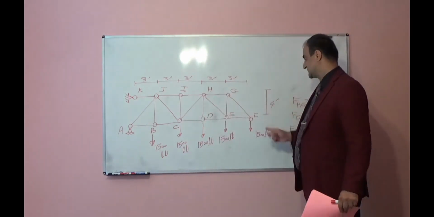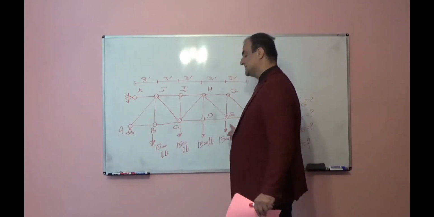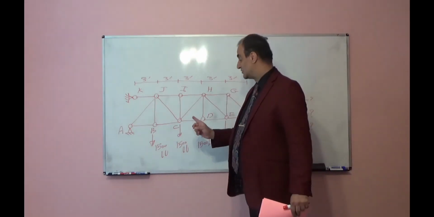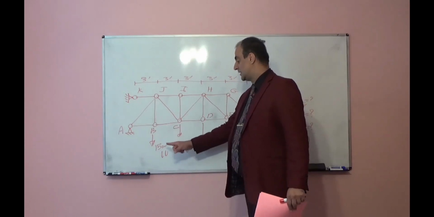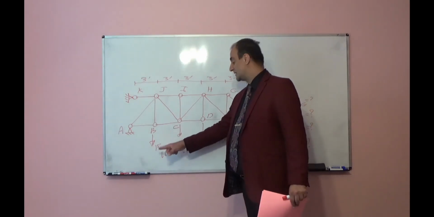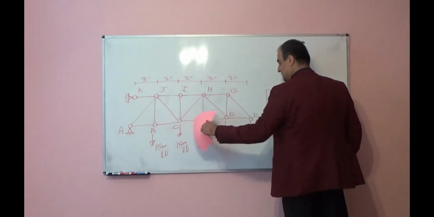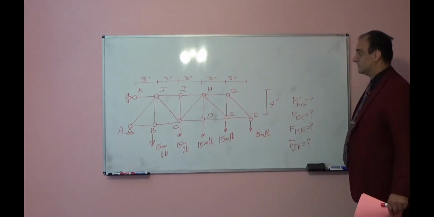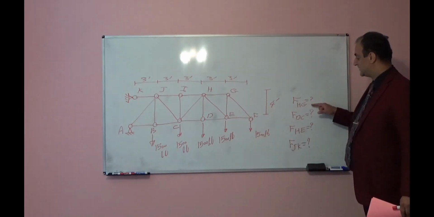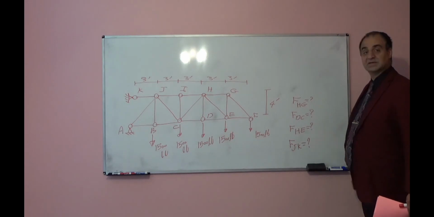Height of truss it is 4 feet. Joints B, C, D, E, F are subjected to concentrated load at joint. Each one is 1500 pound, at joint B, at joint C, D, E, F. I want you to find internal force for member HG, DC, HE, JK.